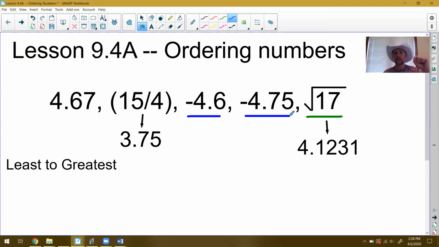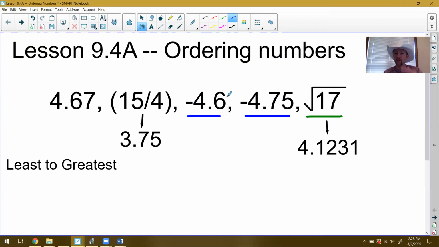If I want to start with the least number, the lowest, I should start with the most negative, the most in the negative direction. So which of these two numbers is the most in the negative direction? Well, it's this one right here, because 4.75 is bigger than 4.6.